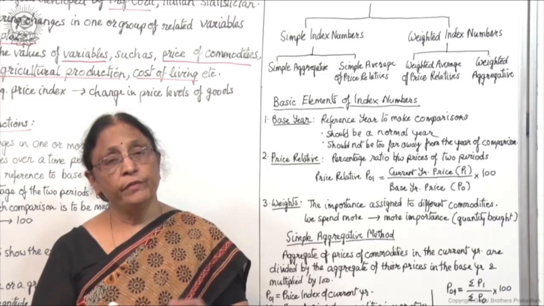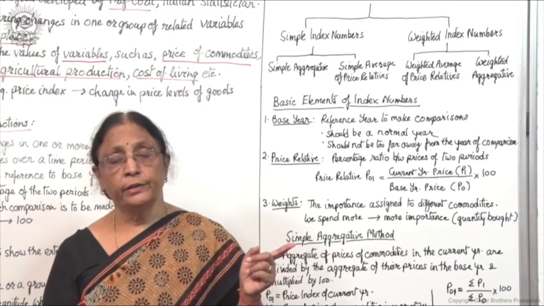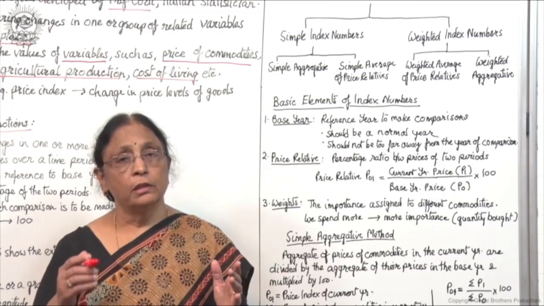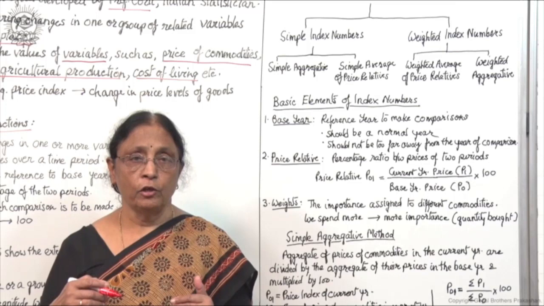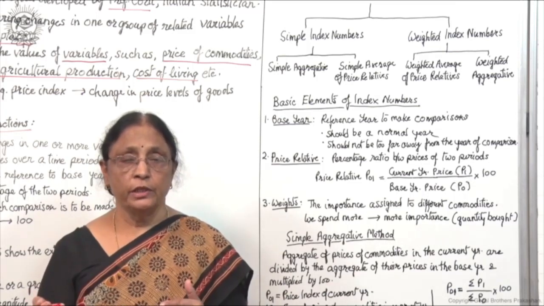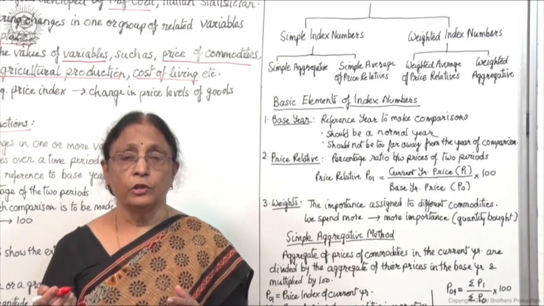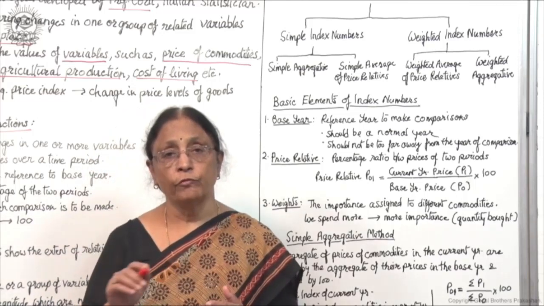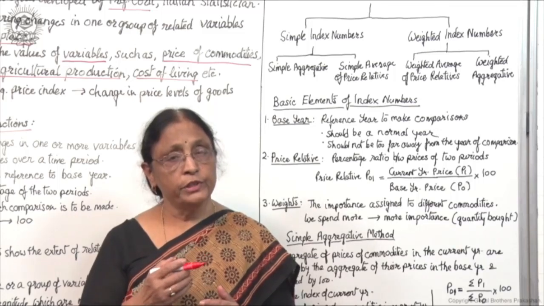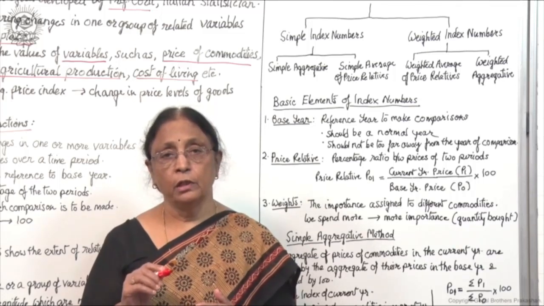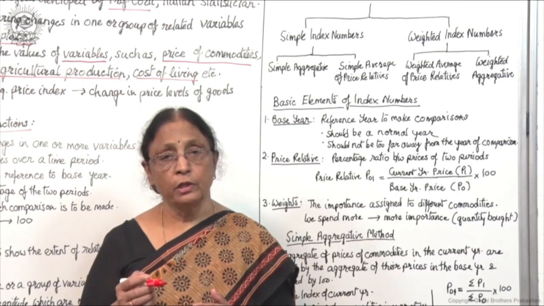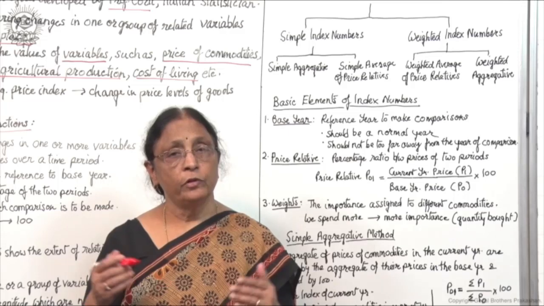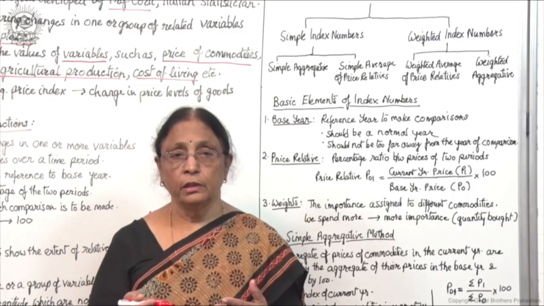But when we say that base year should be a normal year, that means we consider that no big up and down has taken place in the economy. Minor changes are there, but not a very big change. We assume that there is no disturbance of war, no damages of earthquake, major volcanic eruptions, etc., or no major calamities in the country.